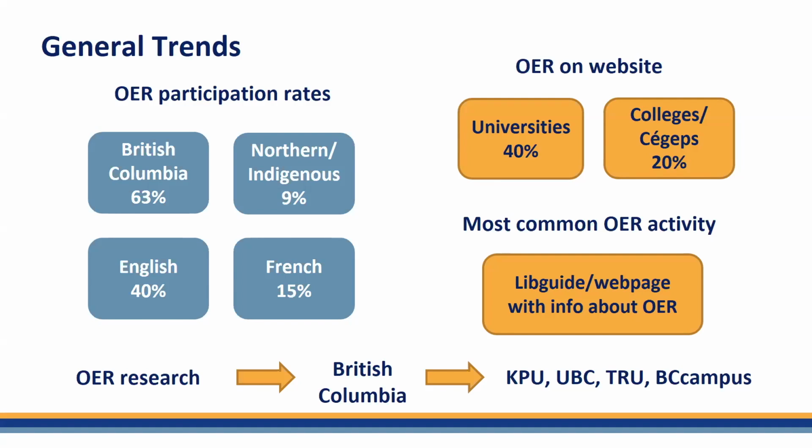And in terms of making information available on their websites, universities were more likely to discuss OER on their websites. It's about 60% of them versus colleges and cégeps, which were 20%.